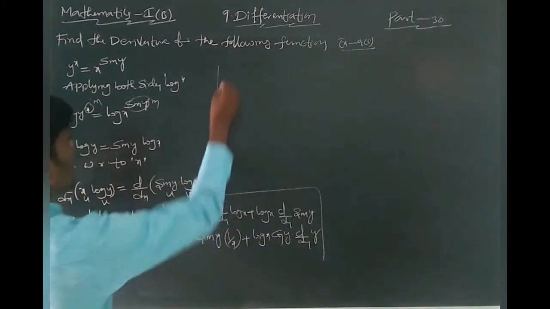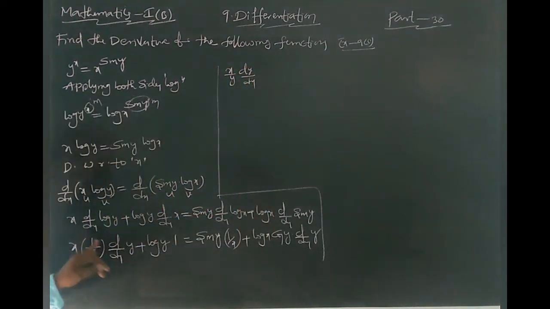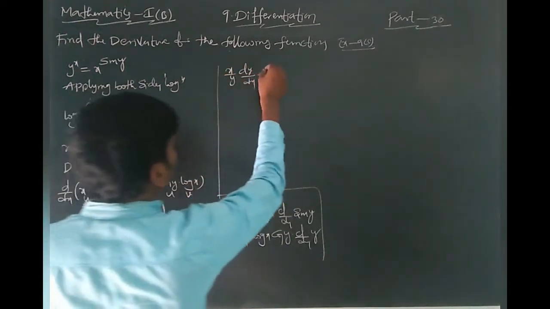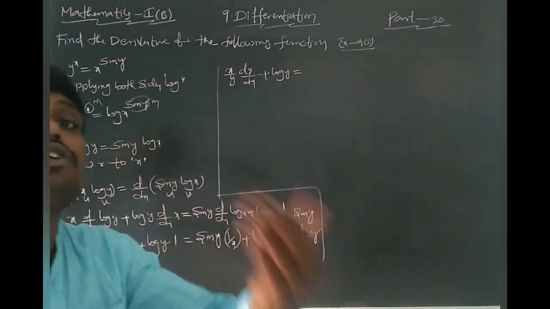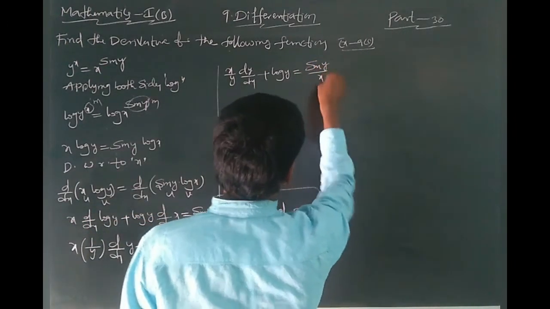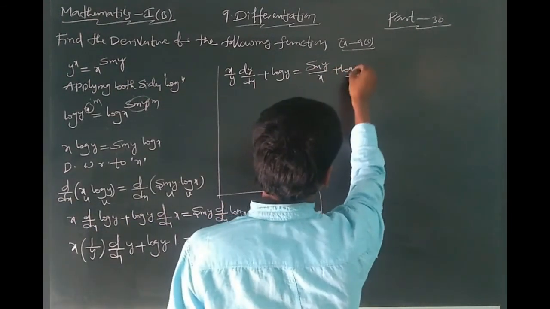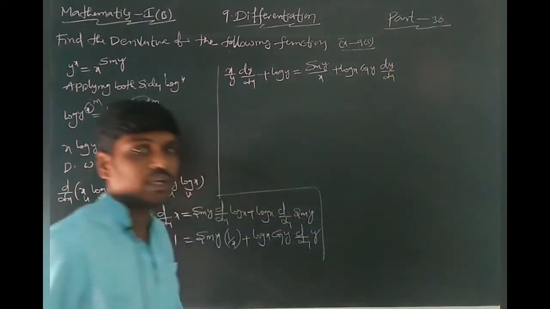That's why you write cos y into dy by dx. So we get x by y into dy by dx plus log y is equal to sin y by x plus log x into cos y into dy by dx.